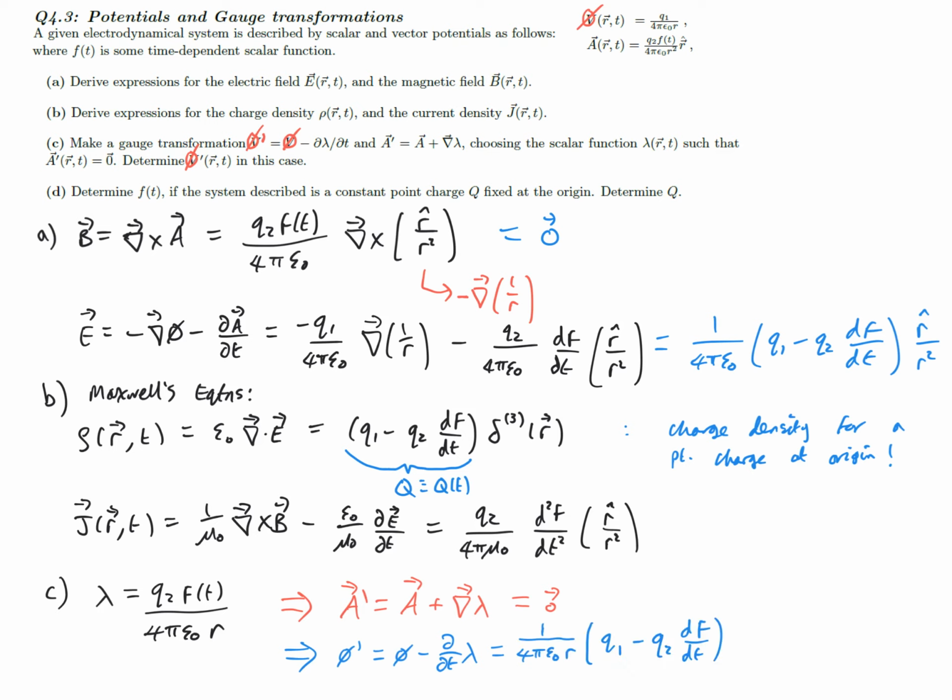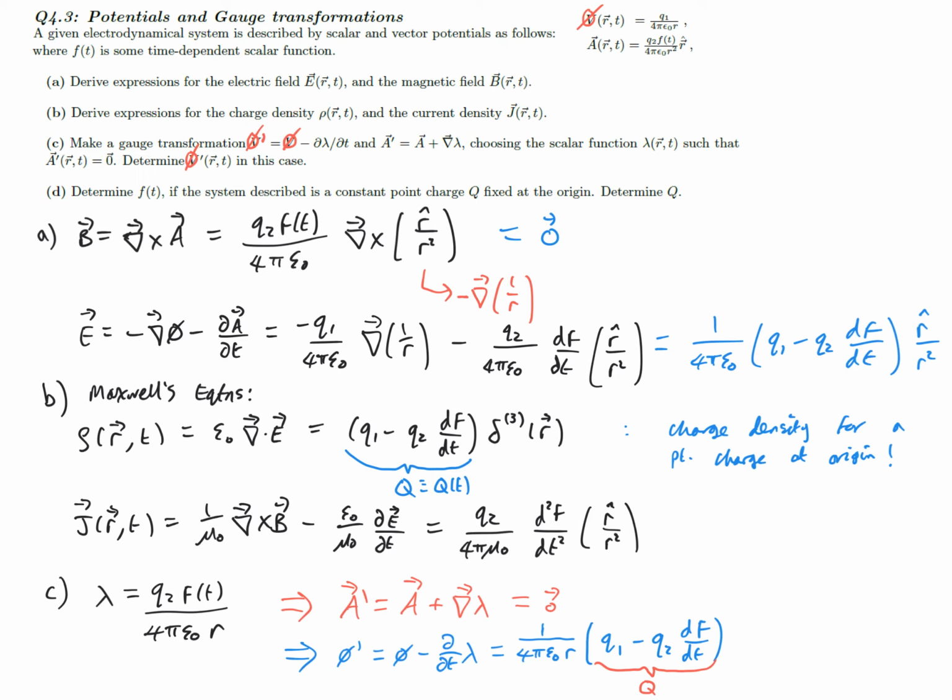We get 1 over 4 pi epsilon naught r into q1 minus q2 df by dt. But something rather interesting happened. This q1 minus q2 df by dt is actually our definition of this effective point charge q from part B of the question. That's this object here.